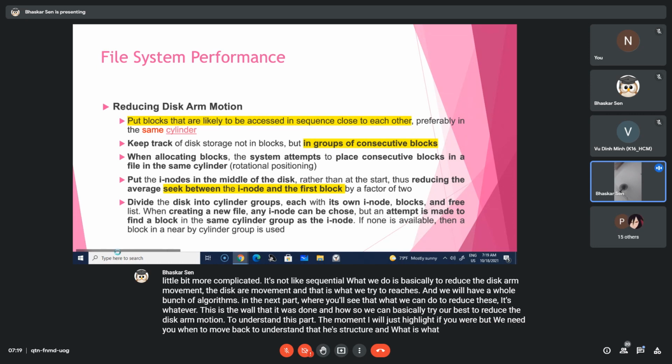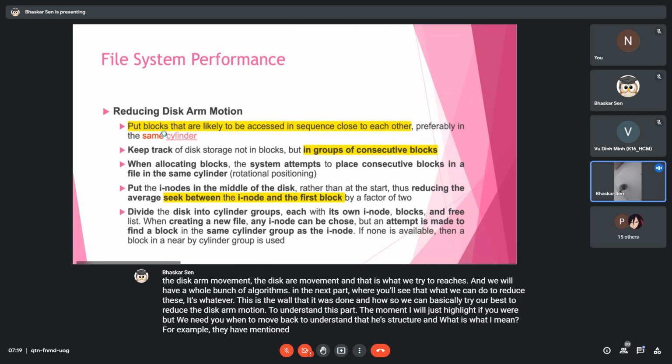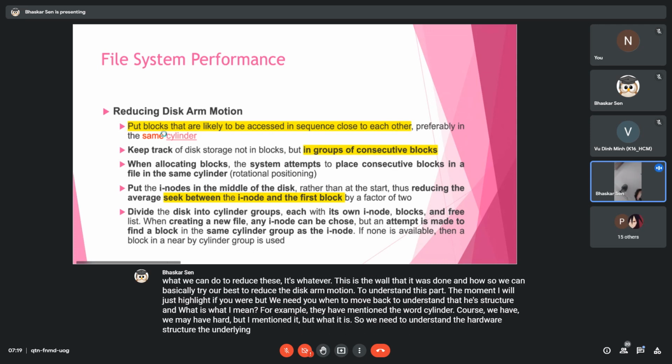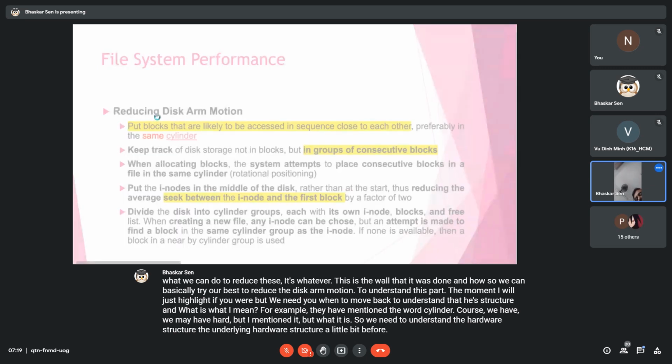For example, they have mentioned the word cylinder. Of course, we may have heard about cylinder before, but what is it? We need to understand the underlying hardware structure a little bit before we can dive in.